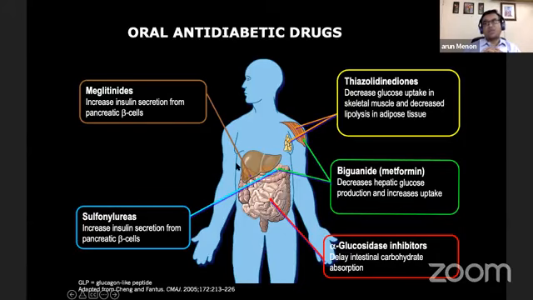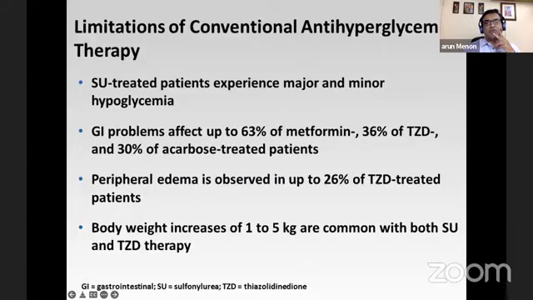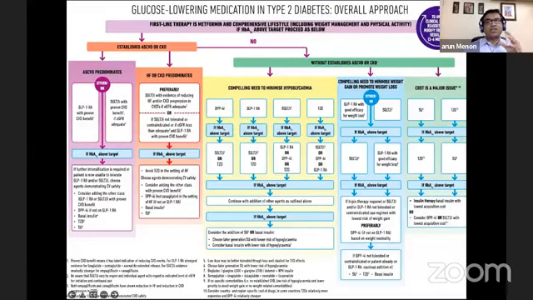Then the meglitinides, which include repaglinide and that group of drugs, which function very much like sulfonylureas and many times don't have much more to offer than what sulfonylurea offers. So these drugs have limitations, and that is where the newer drugs have taken center stage.